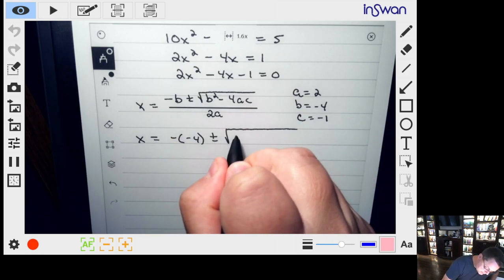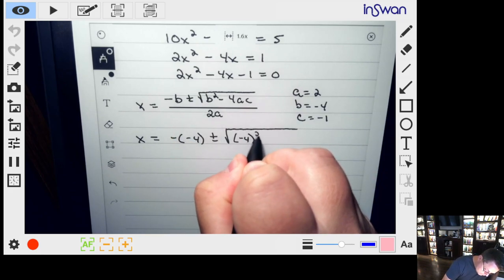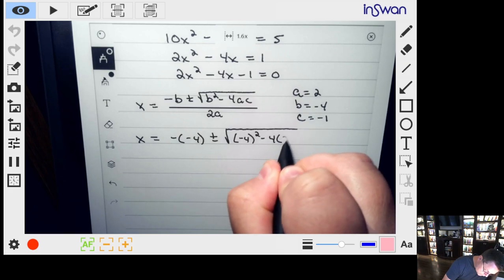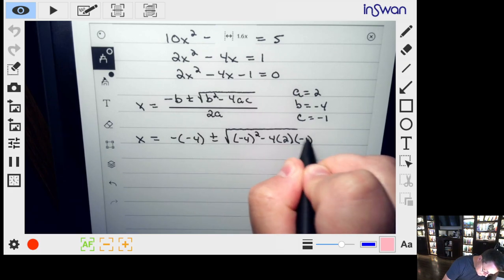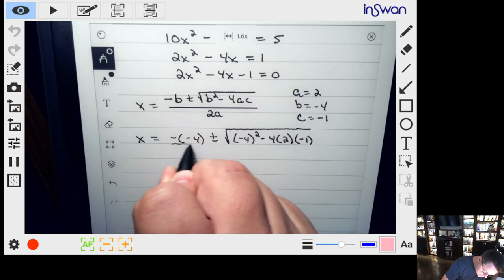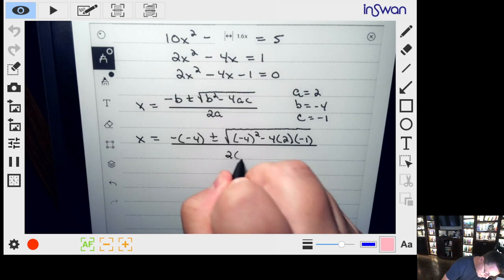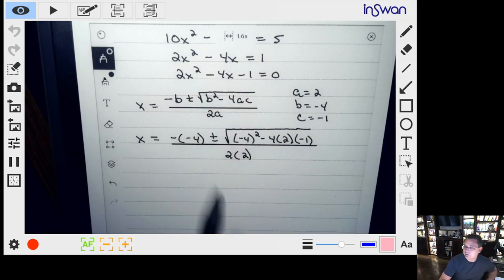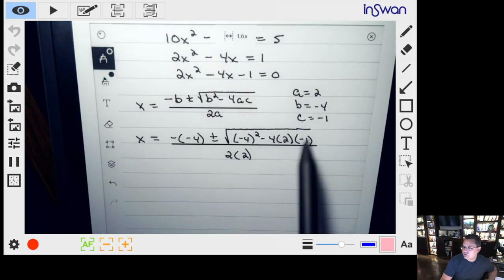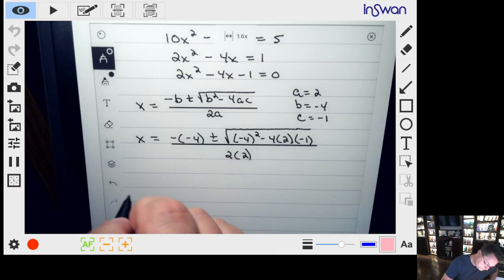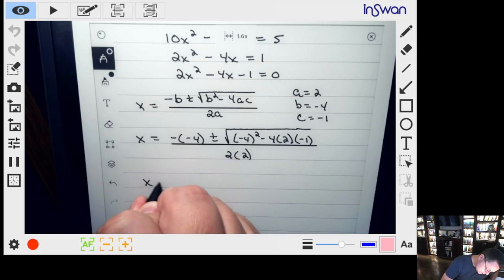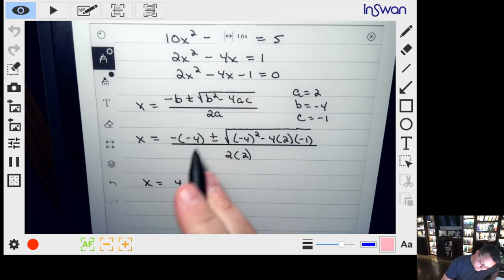Then I'm going to have b squared minus 4 times a times c, and the whole thing is going to be over 2 times a. It's important that we put the whole thing over 2a and not just the square root piece. So x is going to be equal to 4.